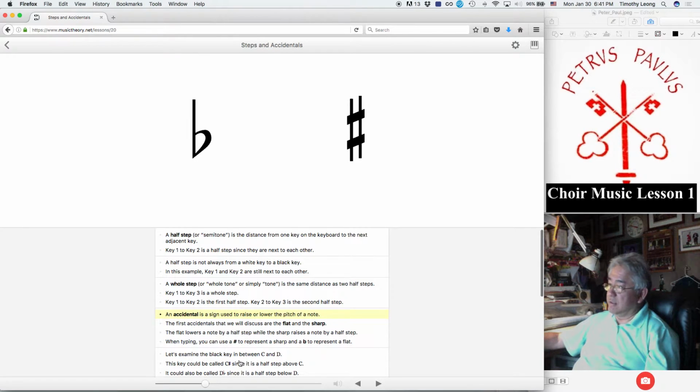Okay? So that is kind of what I want you to understand about music. All these symbols have a purpose, and it has an exact meaning. It's not like it's close enough, or it's sort of. Music is pretty exact.